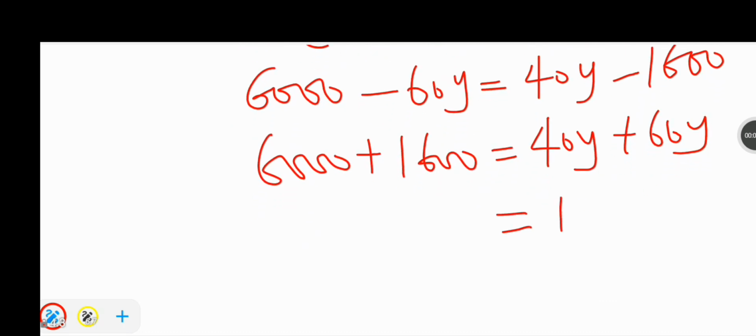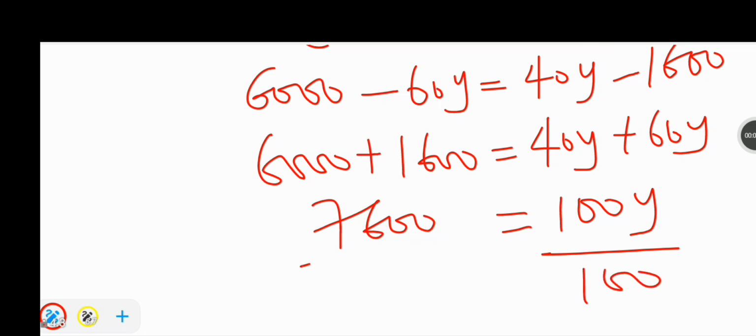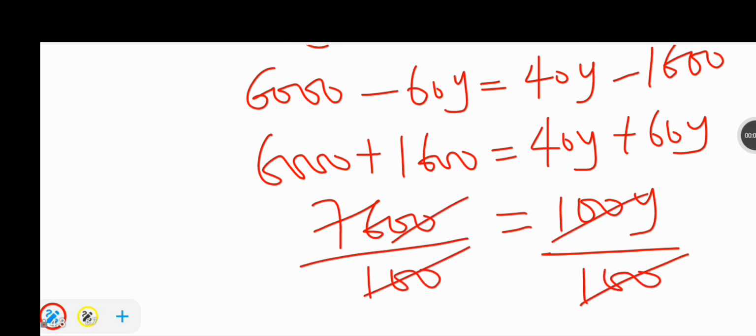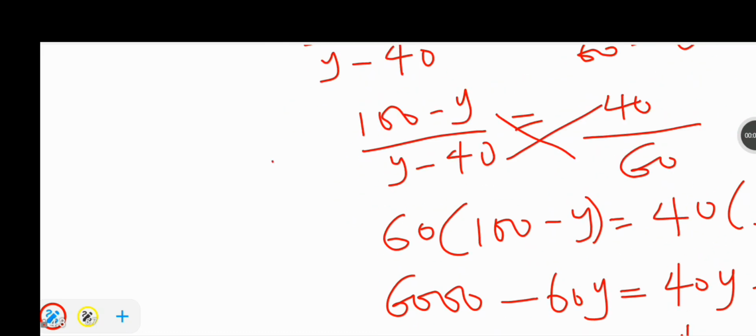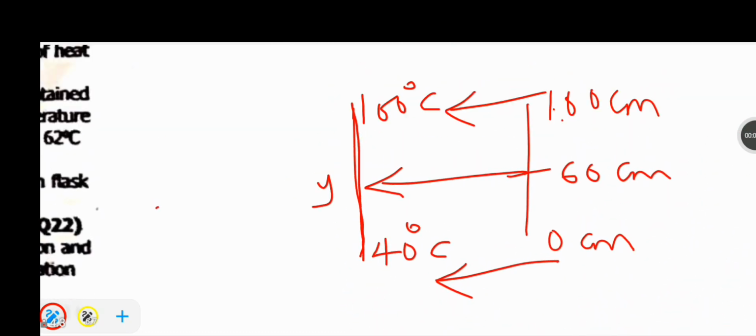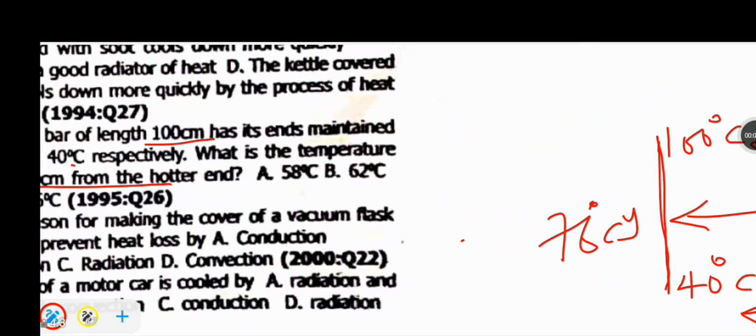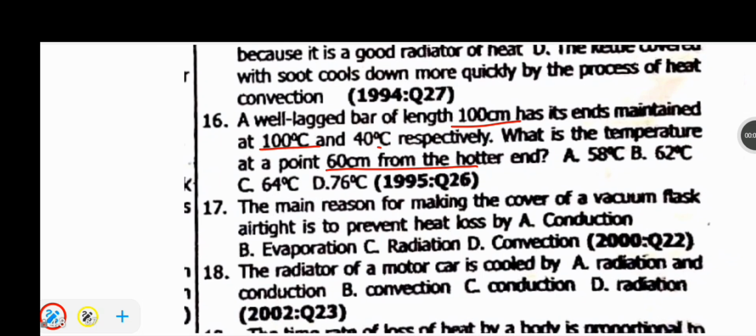This one will give you 100y. If you add these two, we get 76. So I'm dividing both sides by 100. So y will be 76 degrees. That tells you that this point here points to 76 degrees Celsius. So go to your options and look for that there. So you can see the answer is option D, 76 degrees Celsius.